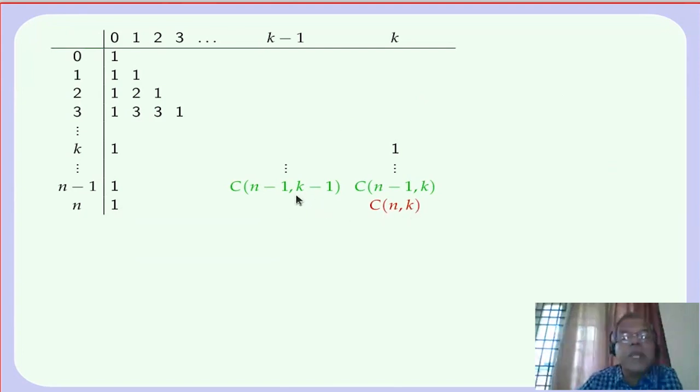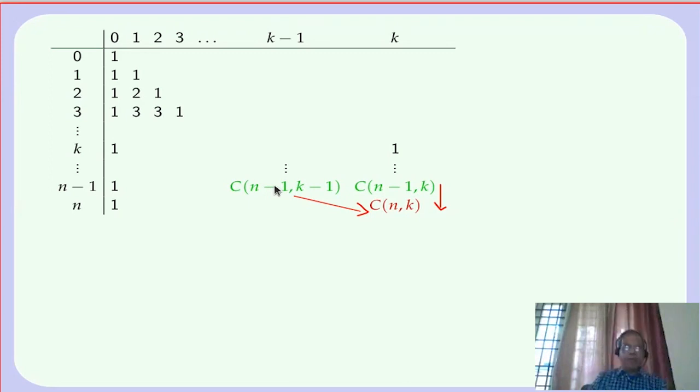C of n k is solved using C of n minus 1, k minus 1, and C of n minus 1, k. So every entry is calculated from 2 entries from the preceding row, the row above. One of the 2 entries comes from the same column, the other entry comes from the preceding column.